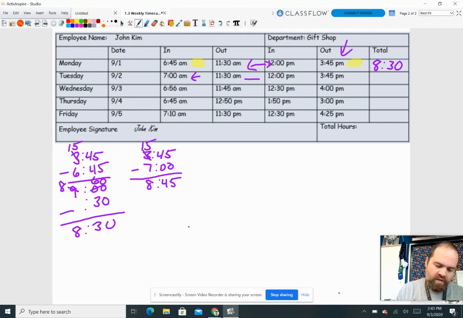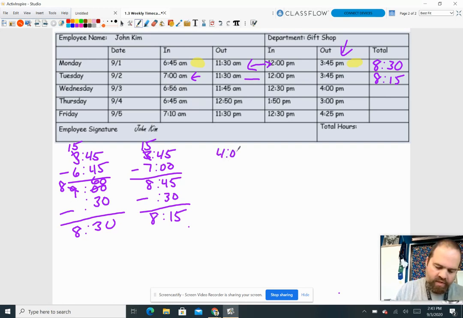But again, his break from 11:30 to 12, so I'm going to take off another 30 minutes. So on Tuesday, he worked a total of 8 hours and 15 minutes. Repeat the process over and over.